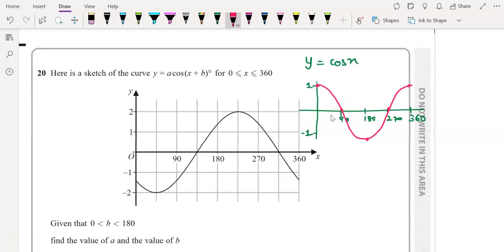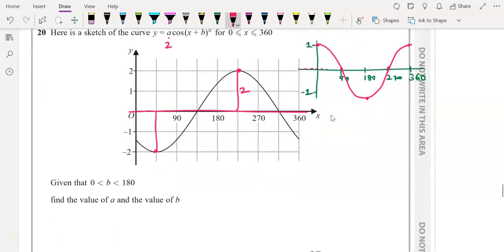Okay, so this is your midline. So the height of the curve is only 1. But here, if you see, your curve has a height of 2. We say the amplitude is 2. So the distance of the maximum and minimum from the midline. If this is your midline, the distance of your maximum and your minimum from the midline is 2. So value of A is 2.